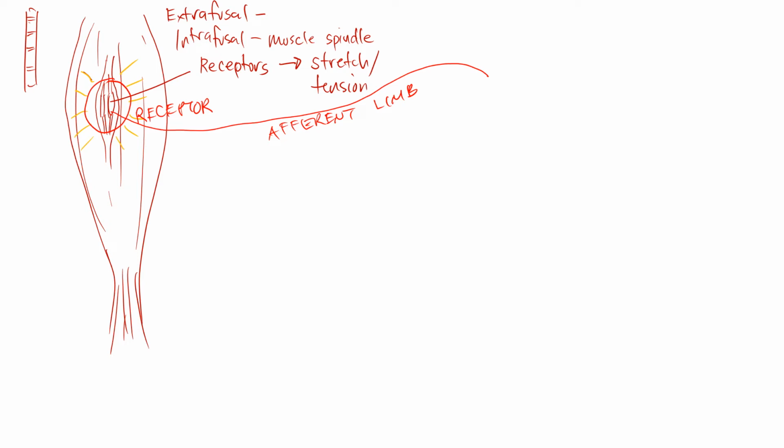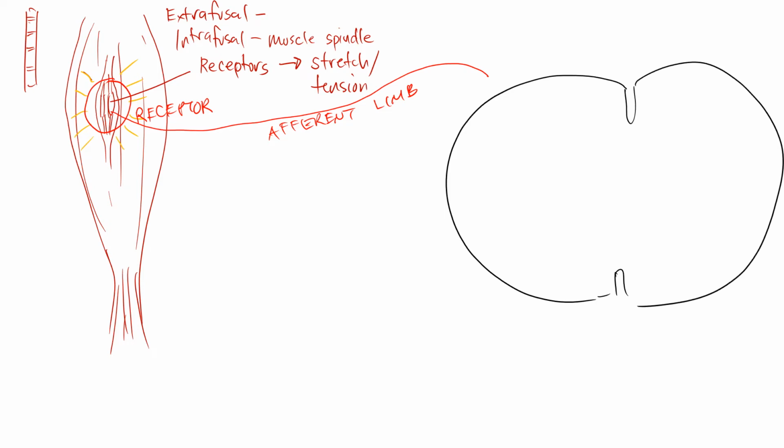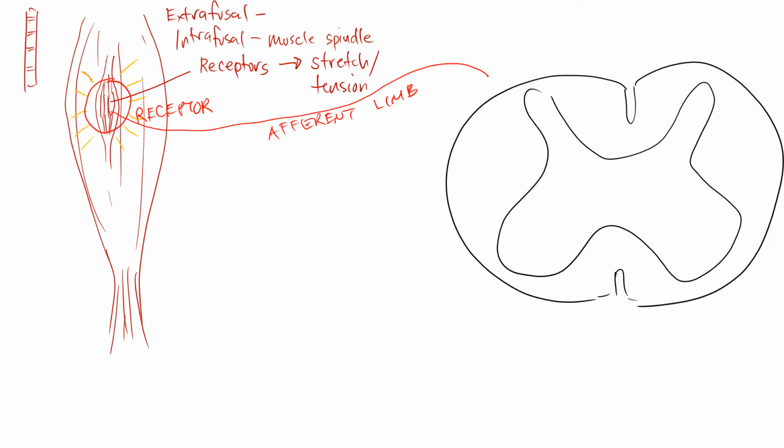And now we go to your spinal cord. So your sensory limb here, this is your dorsal root ganglion.